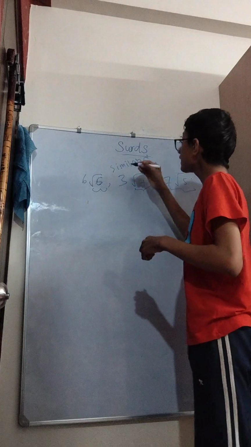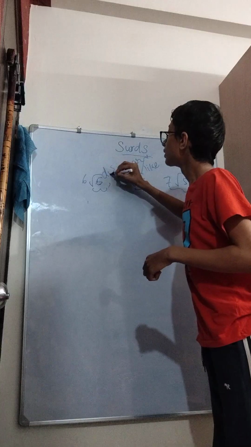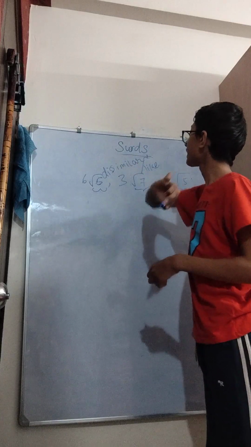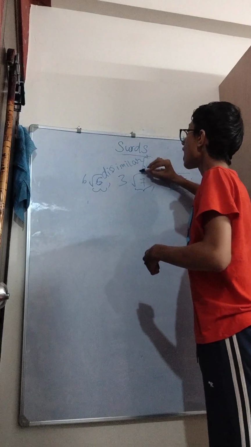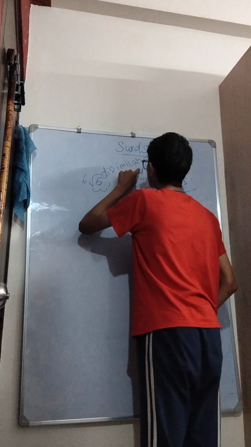Then they are called dissimilar surds or unlike surds.